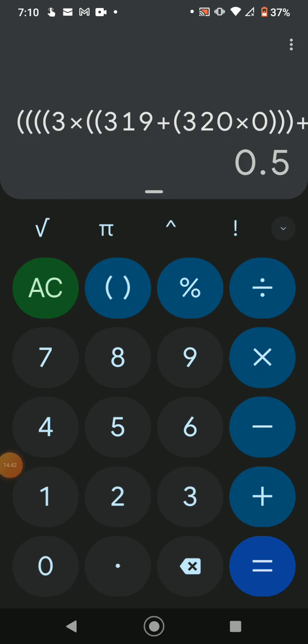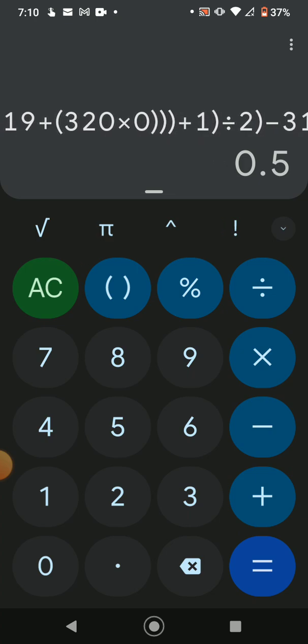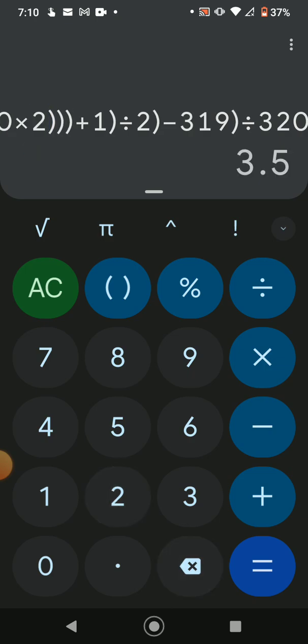And with that formula, I added this. That way, after you divide by 2, if you subtract 319 and divide by 320, if it's 0.5, or if any number ends in 0.5, then it goes to the A9, A8 group, 8.1 number.